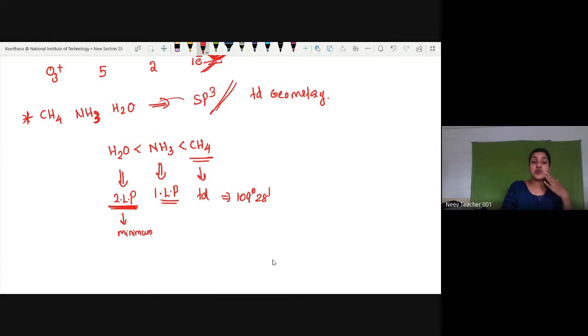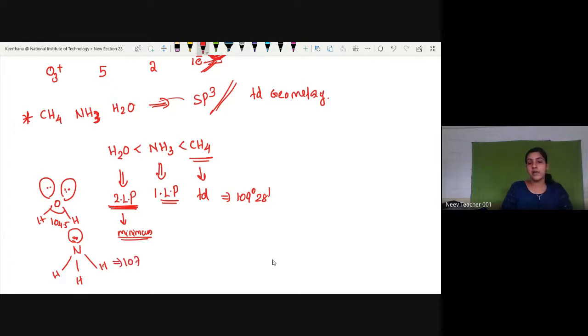Means the repulsion due to lone pair is maximum. Due to the existence of two lone pairs, the bond angle between oxygen and hydrogen will be minimum, 104.5. And in the case of NH3, there is only one lone pair, so the bond angle is 107 degrees.